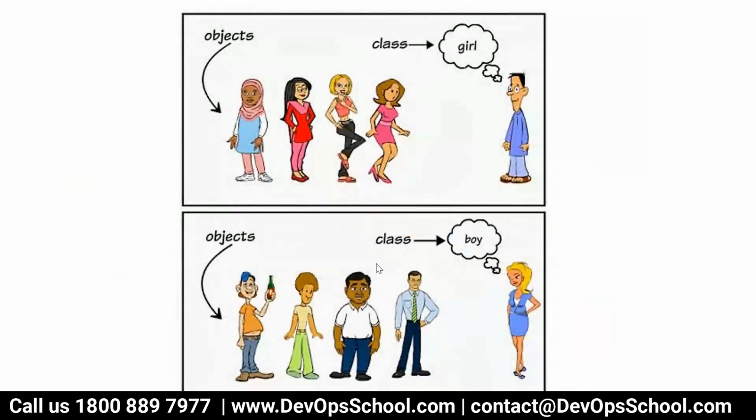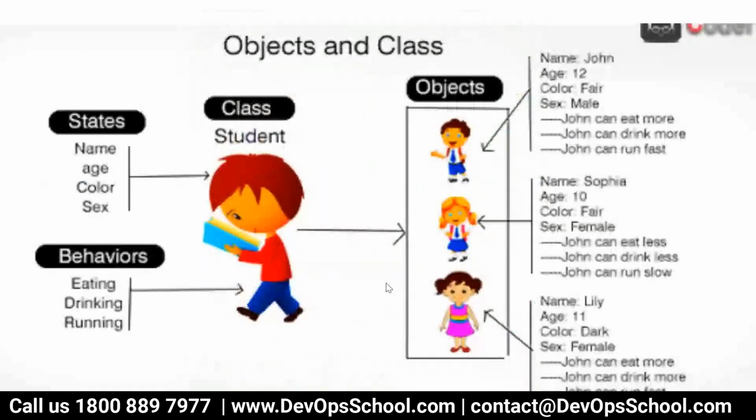I think you might have studied this in school or college. Girl is a class, different types of girls are objects. Boy is a class, different types of boys are objects, because properties may be inherited differently, but you construct your own properties as well. Student is a class and multiple types of students are objects.